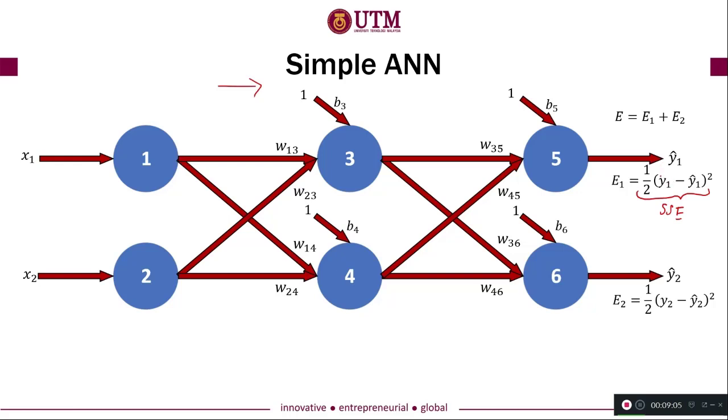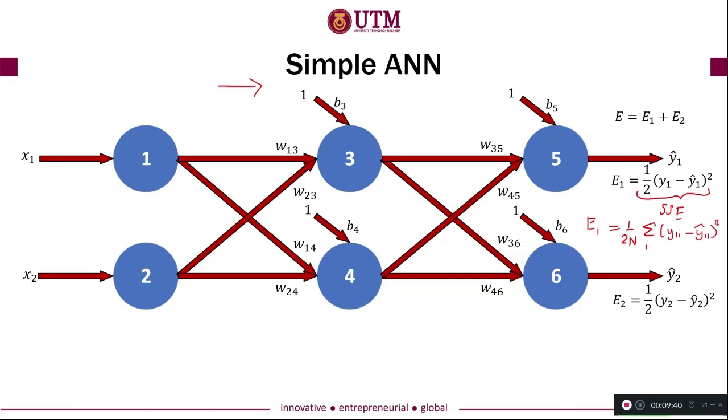Let's say you don't want to use SSE, you want to use MSE. The expression will look like this: E1 equals 1 over 2n, summation over i, of y1i minus y1i hat, squared.